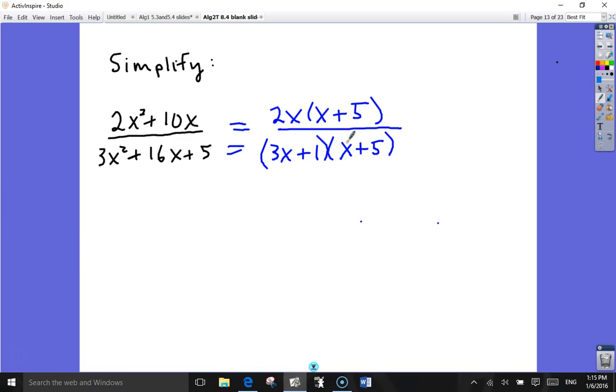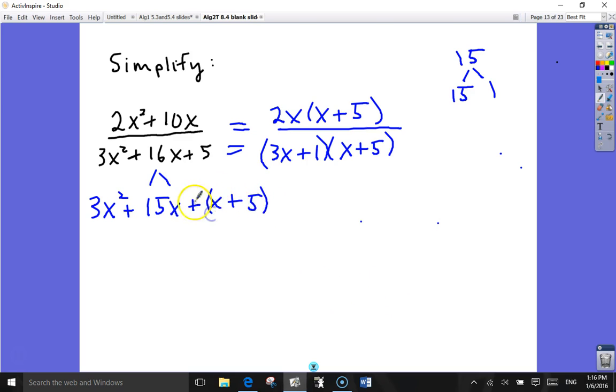Now, if I didn't do that, I would have to go through the long process, right? 3 times 5 is 15. What are the factors of 15 that add up to 16? 15 and 1. So I would split this up: 3x squared plus 15x plus x plus 5.